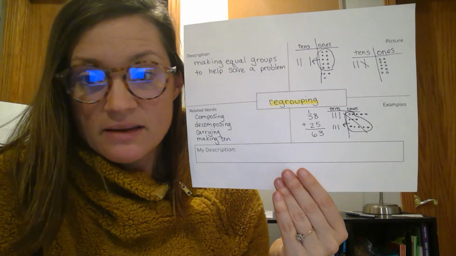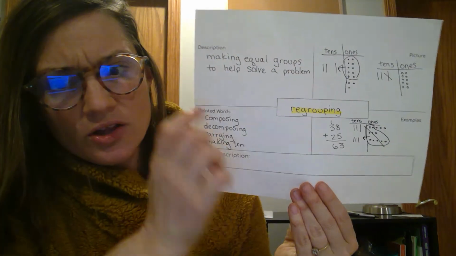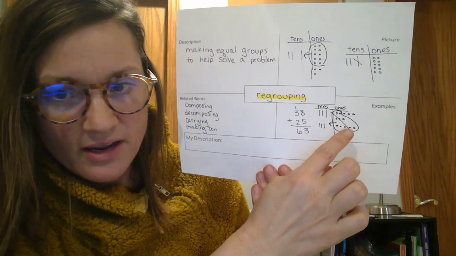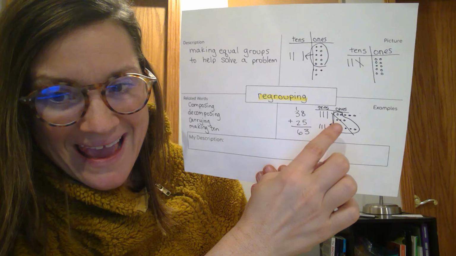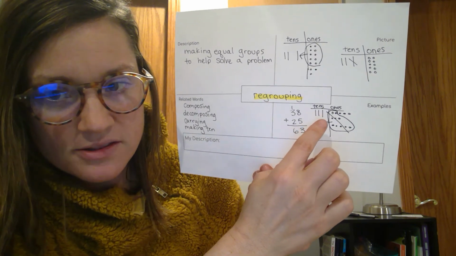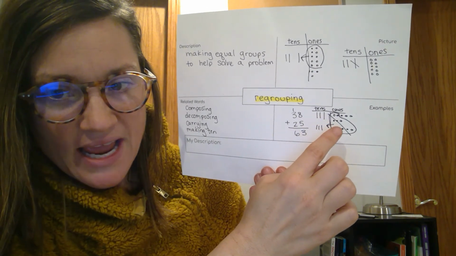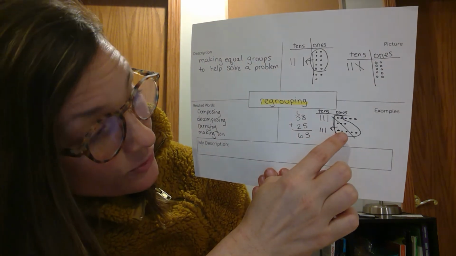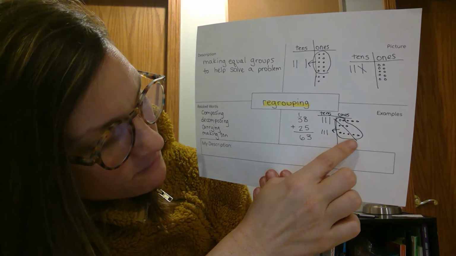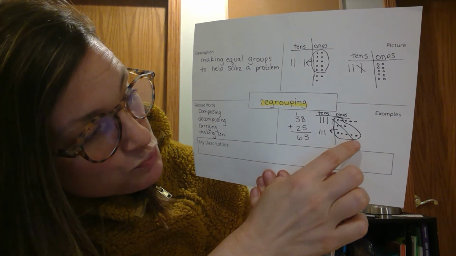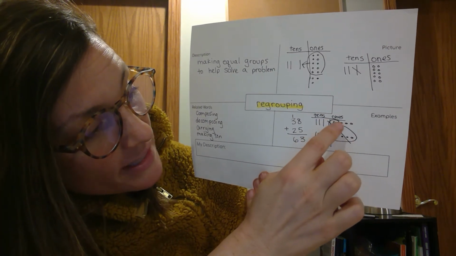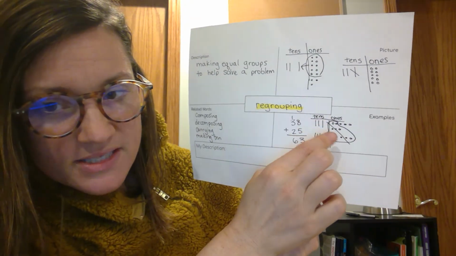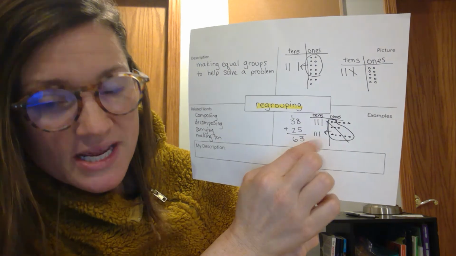So some different examples. This is really all the same example. These are just the words, and then that would be the drawing that would go with it. So if I have 38, so 10, 20, 30, 5, 6, 7, 8, and then I add 25 to it, 10, 20, well, there were 5 there, 5, and then I got more than 10 ones, so I circled just 10 of them, and then I crossed all those out, and then I made a new 10 instead.